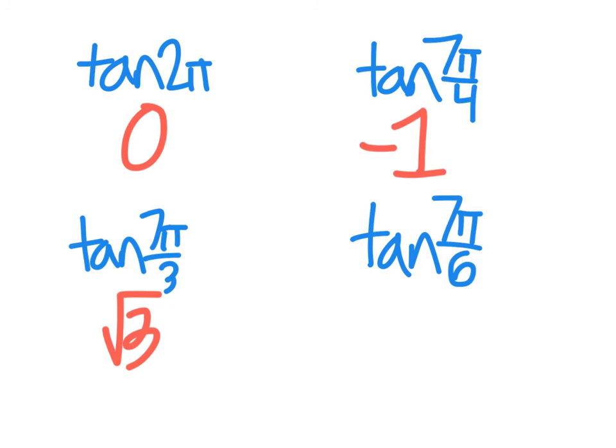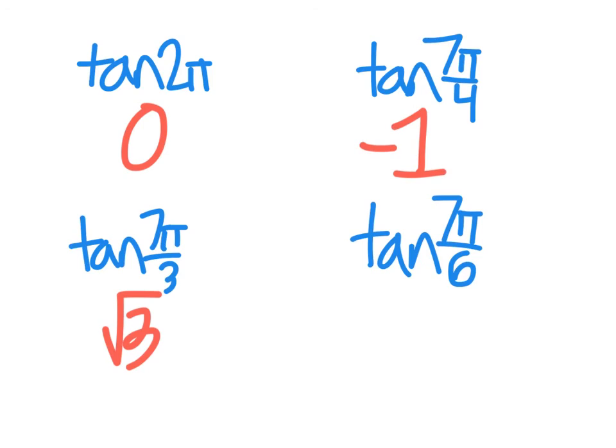And then finally, with tan of 7 pi over 6, you know that 7 pi over 6 is in the third quadrant, so both the sine and cosine are negative. For pi over 6, we know that the point is (square root 3 over 2, 1 over 2). So 7 pi over 6 has a point of (negative square root 3 over 2, negative 1/2).